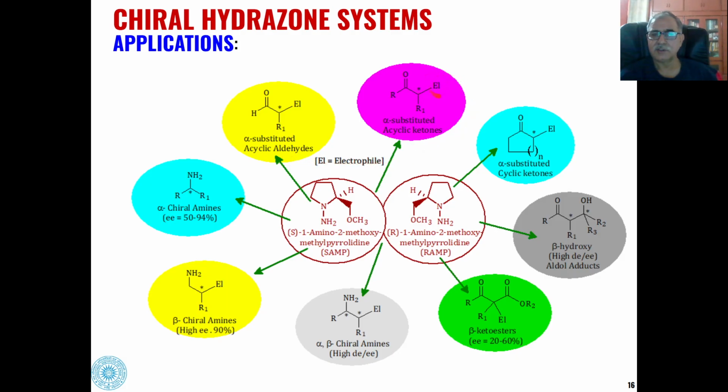And this group may be an alkyl group or hydroxyl group as we have seen. So these RAMP or SAMP hydrazones as chiral auxiliary can lead to the formation of many types of asymmetric organic compounds.